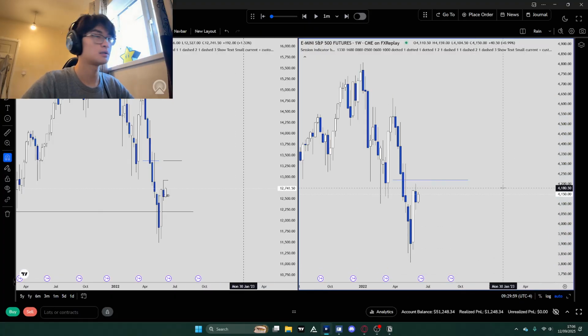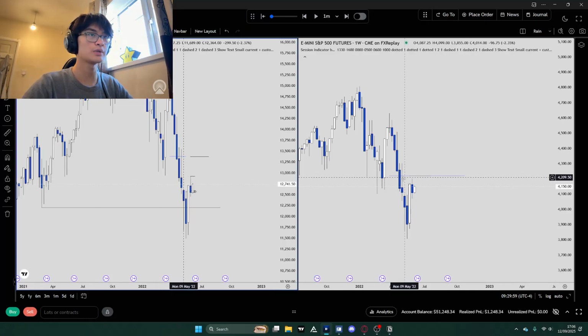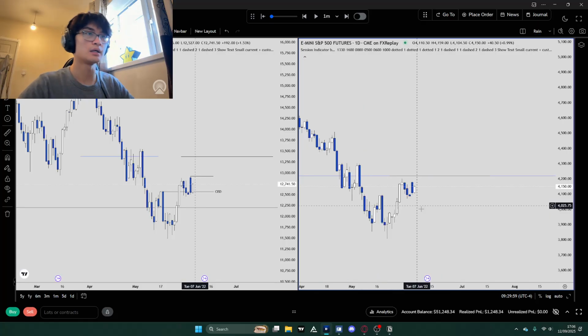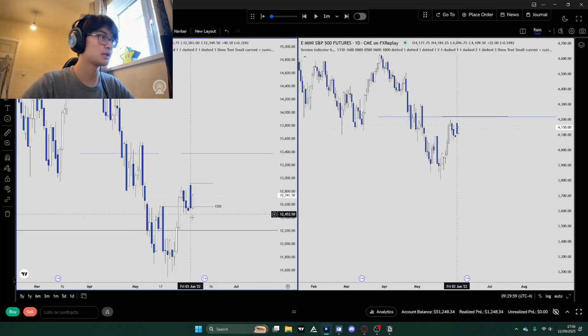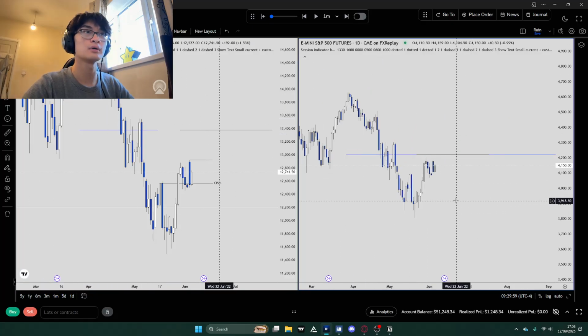Yeah, with that, there we go. So we have EQ on both ES and NQ left untapped. We have this change on the daily, so I do expect this to get ran to or ran through.